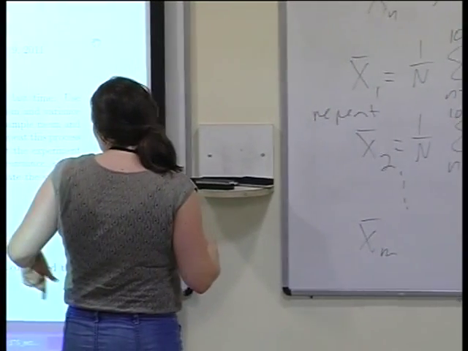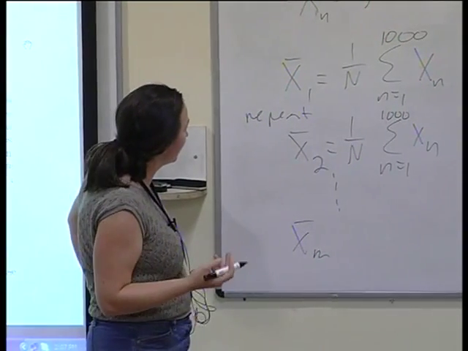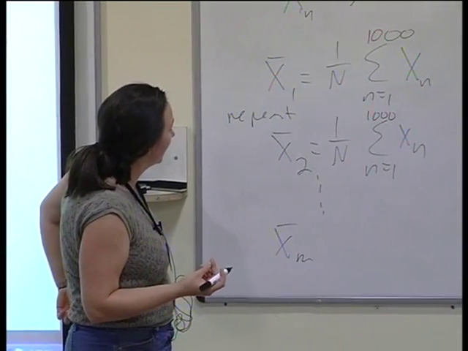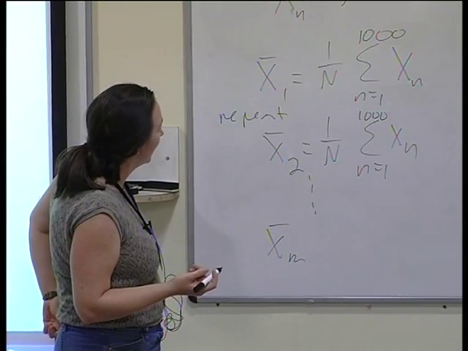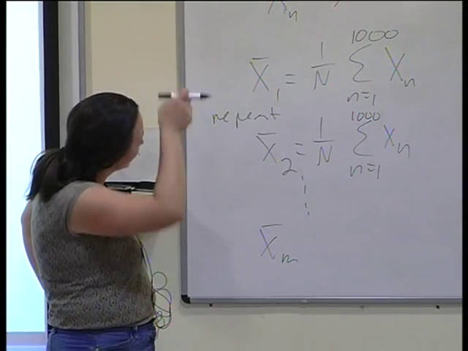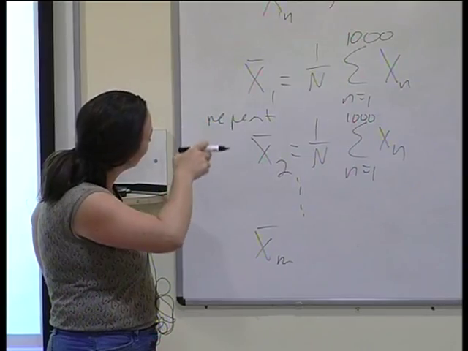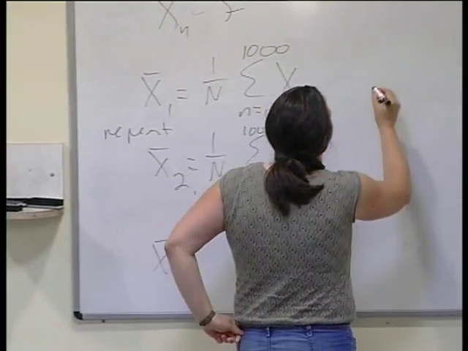So you'll do that for those three distributions. You should also calculate the sample variance. This formula I'm not going to remember off the top of my head.